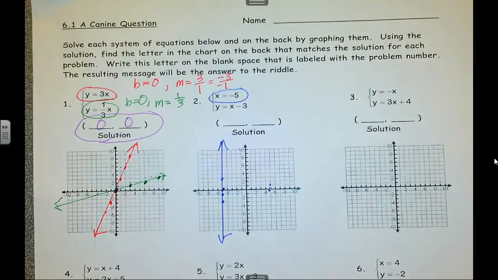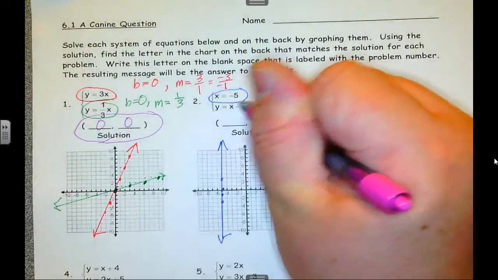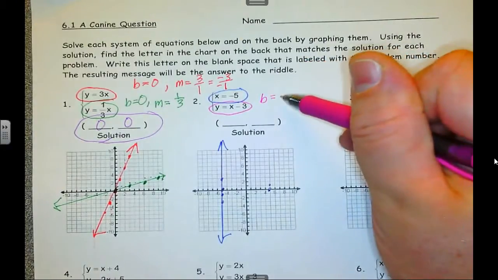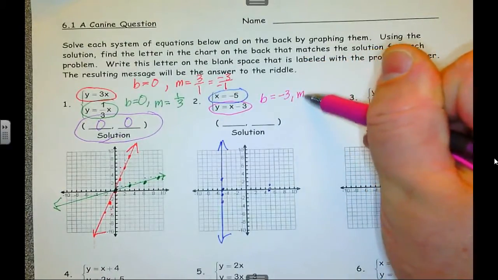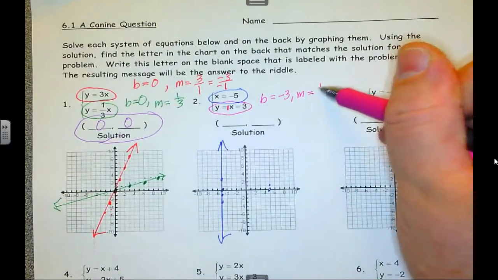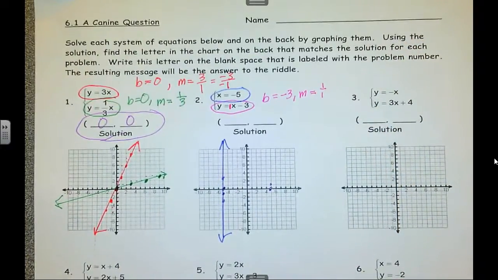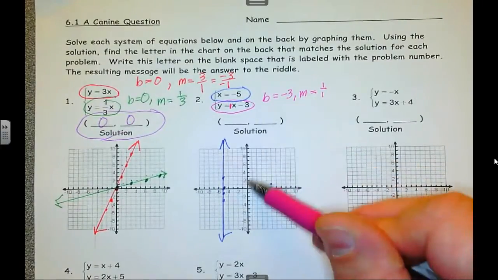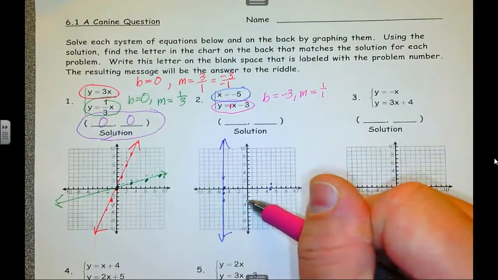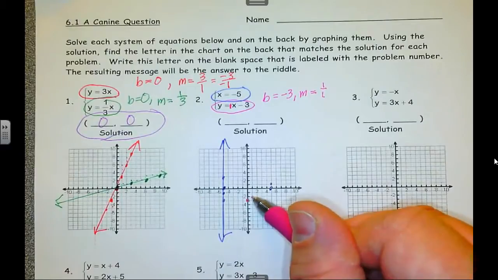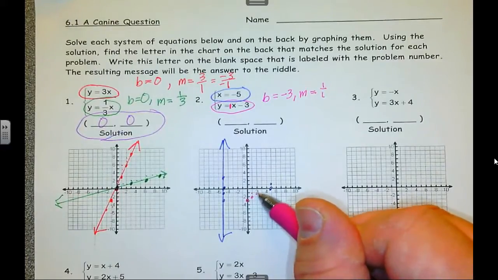Okay, let's graph the second one. What's my y-intercept? -3. What's my slope? Yeah, there's a coefficient of 1 here, so it's 1/1. Okay, so crosses my y-axis at -3. And I'm going to go up 1 to the right 1, up 1 to the right 1.